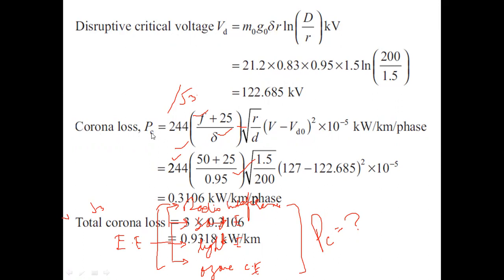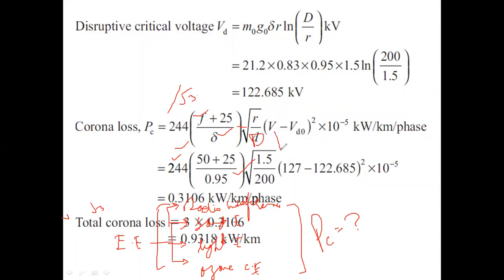Now the corona loss Pc, the power loss due to the corona, is equal to 244 over sigma 0.95, times frequency 50 plus 25, times root of r 1.5 over D, where capital D means spacing.